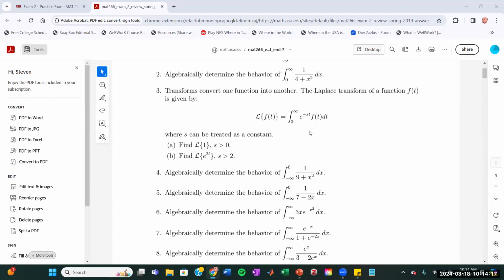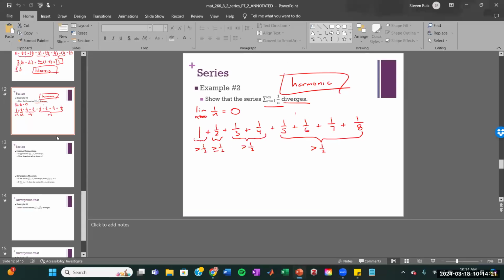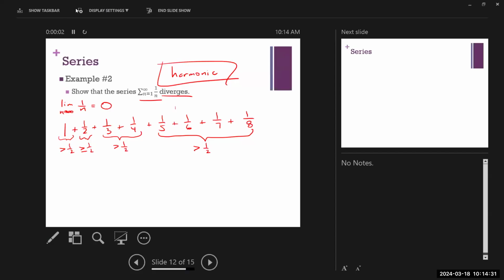Anything else? Okay, I have one last big idea to go over with you on series, and then we can go back to talking about review stuff. At the very end of Friday, we talked about the harmonic series, basically the 1 over n.